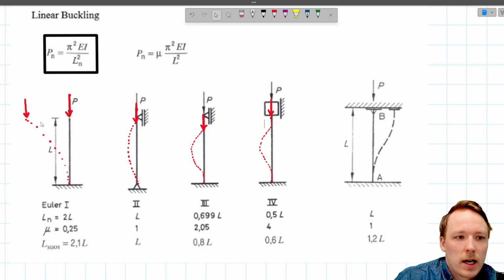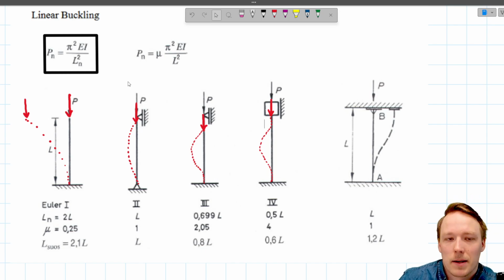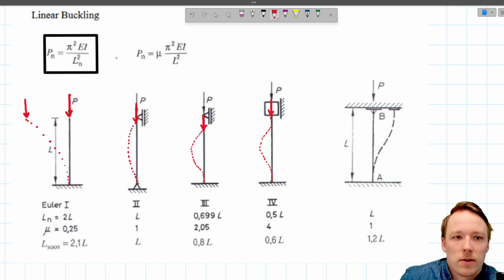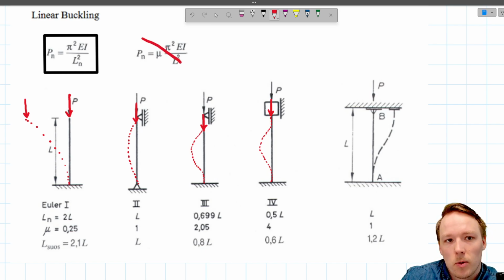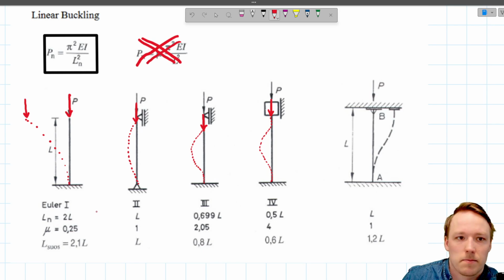So these are the buckling scenarios, these are the Euler cases, basic cases, and now we can take a look at how we calculate this maximum force for the given structure against buckling. We have here 2 different formulas, and both of these formulas will give you the same results. We will be using only the formula on the left. You can try to do the calculations also with the formula on the right, you will get the same results.